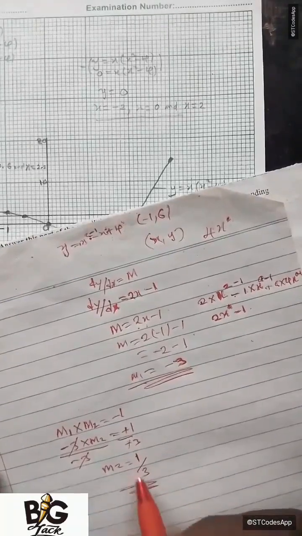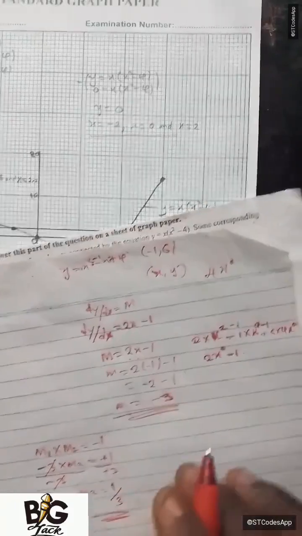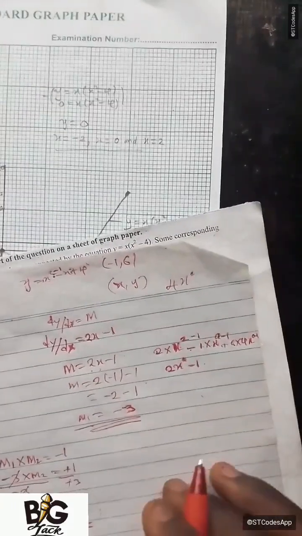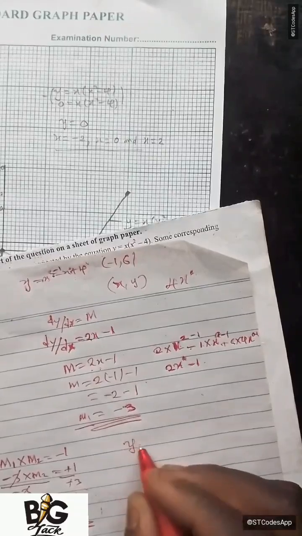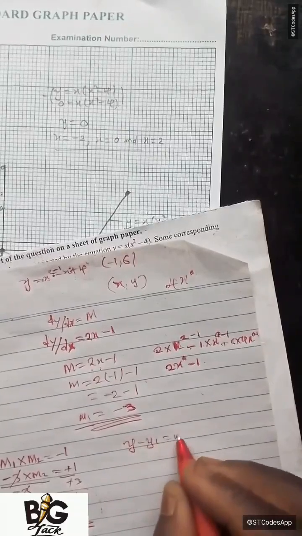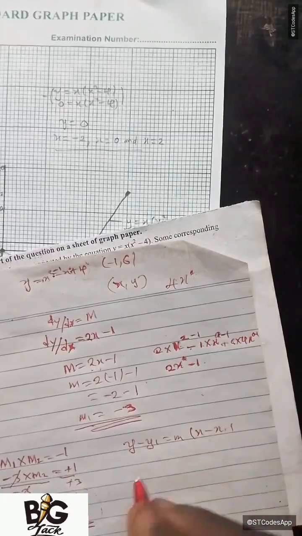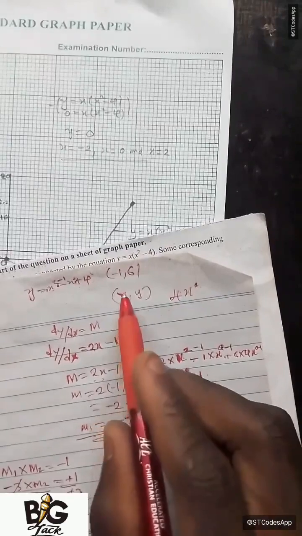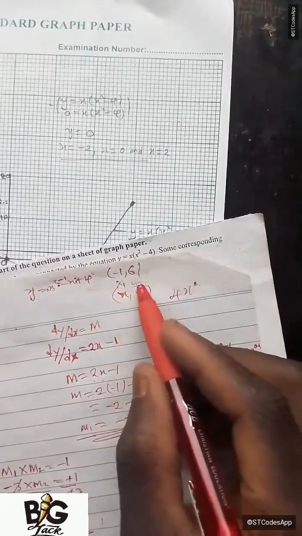So this gradient here is now the gradient of the normal. So now let's try to find the equation of the normal. So y minus y1 is equal to gradient open bracket x minus x1 close. So in this case, I'm going to take these coordinates. This one here is going to be my x1. This one here is going to be my y1.